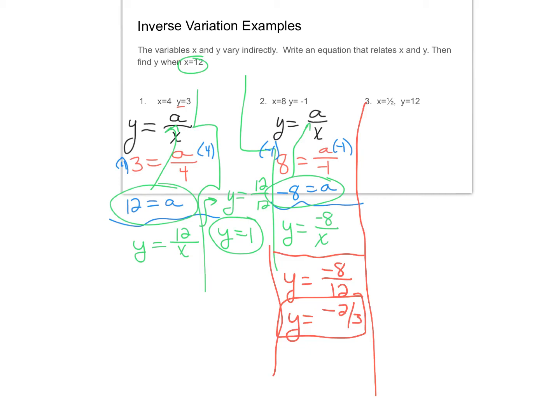All right, let's get ugly with the fractions. It is almost Fun Fraction Friday, everybody, so we've got to be ready for that. So y is equal to a over x. This time, my x is 1/2 and my y is 12. So 12 is equal to a divided by 1/2.